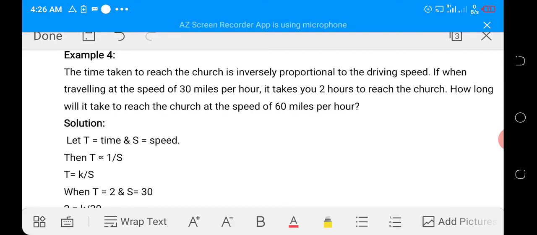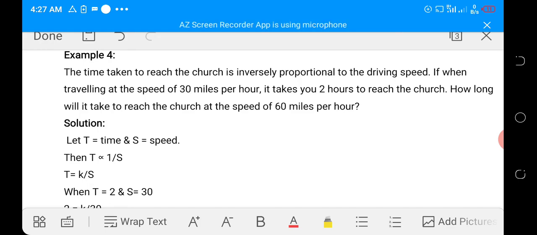Here, let the time be represented with letter T and the speed be represented with letter S. Then, the time is inversely proportional to the speed, means that T varies inversely as S, that is, T varies as 1 over S. Then, changing the variation sign to is equal to sign, then we have T is equal to k over S.